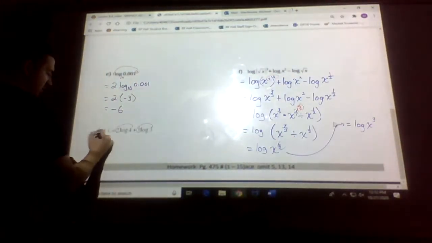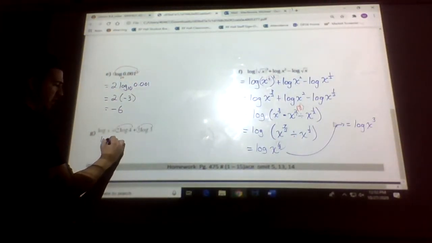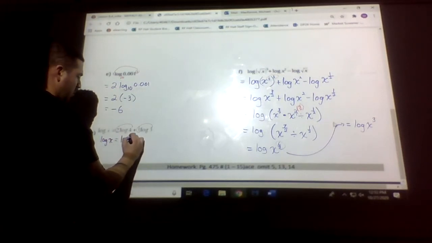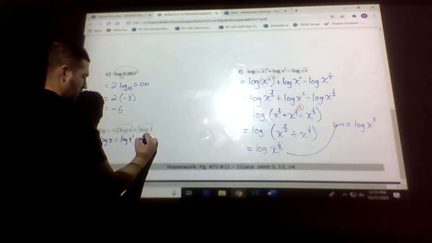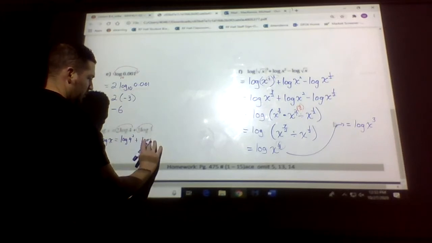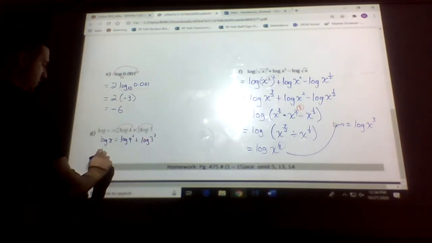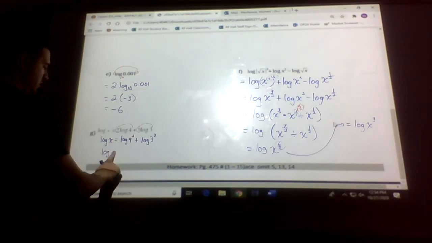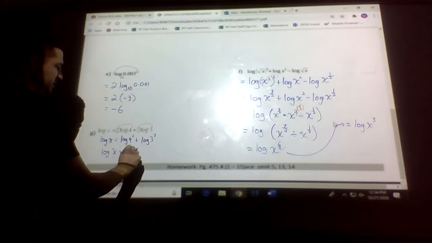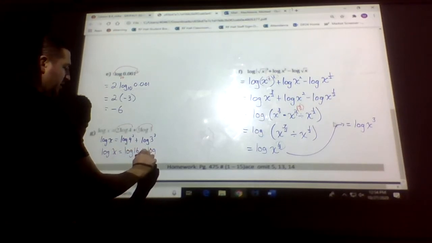So here, I'm going to keep the log x on the left side, you'll see why. So I get log 4 to the power 2 plus log 3 to the power of 3. So log 16 plus log 9.